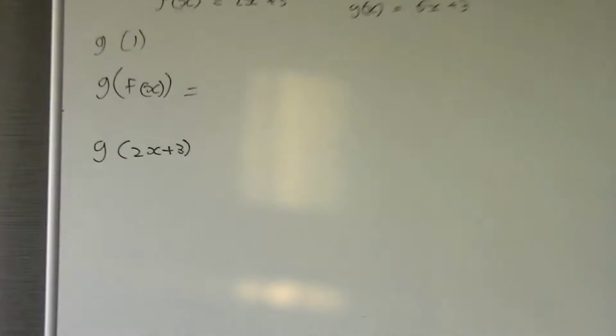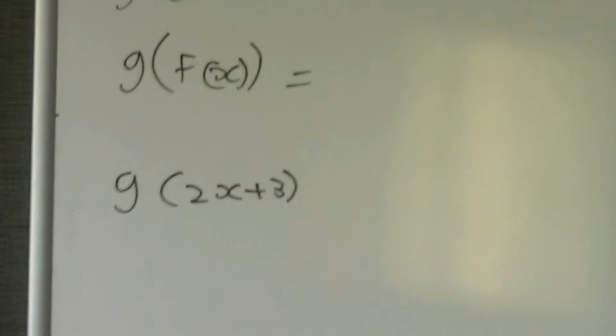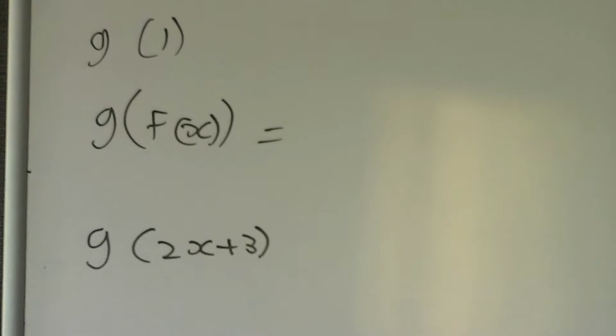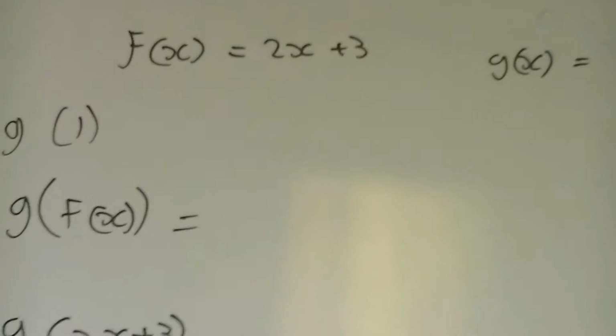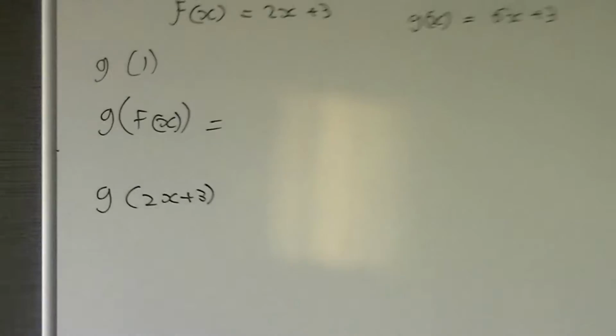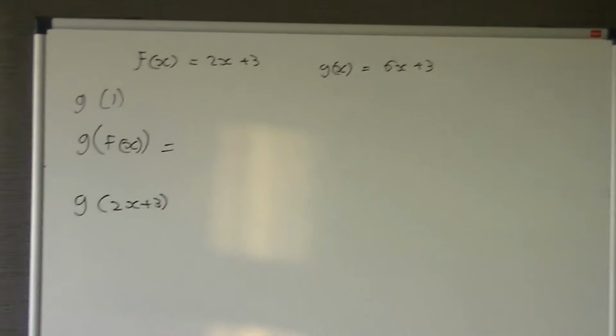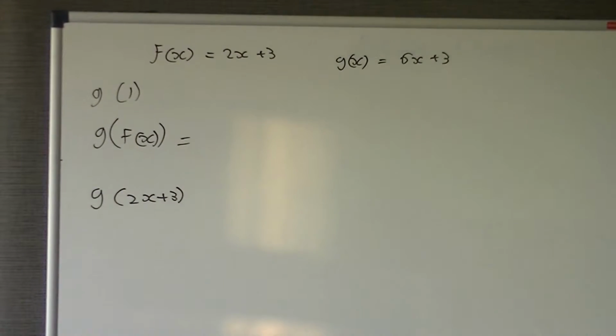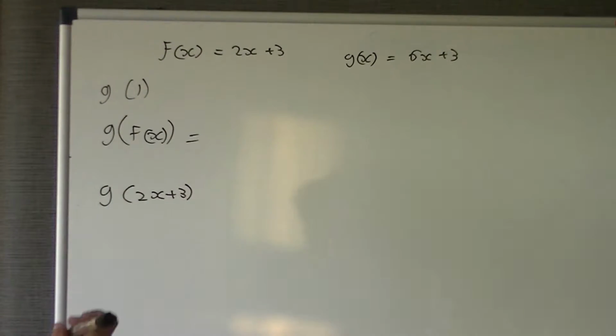Hopefully those last two equations for g are exactly the same, because f of x equals 2x plus 3, and all I've done is substitute it in. We're going to sub that in for every x that's in the g equation, so you're sort of reading left to right instead of right to left. So that's essentially what we do.